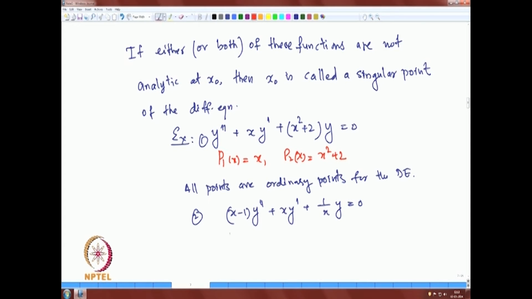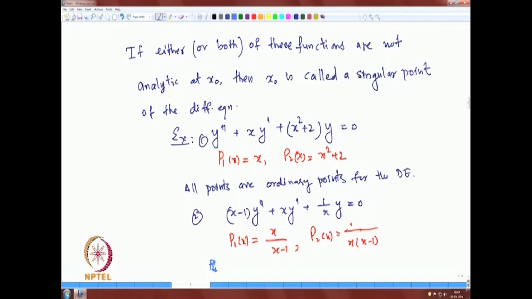So, here p1(x) is x upon (x minus 1) and p2(x) is 1 by x into (x minus 1). So, p1 is analytic for all points except at 1.